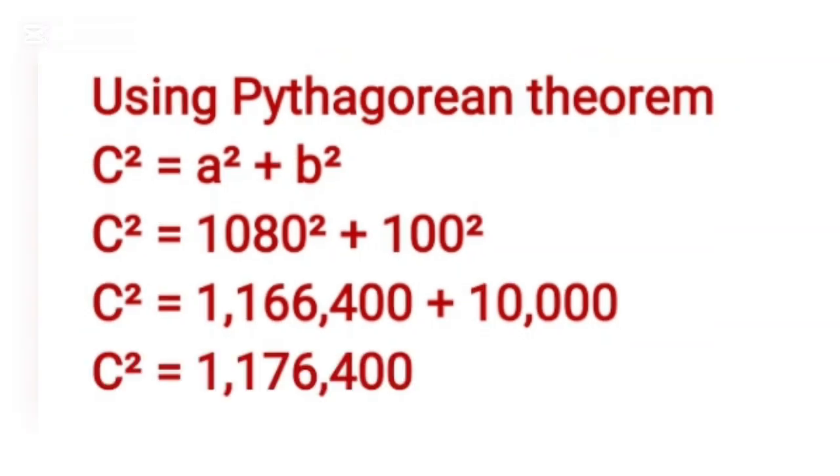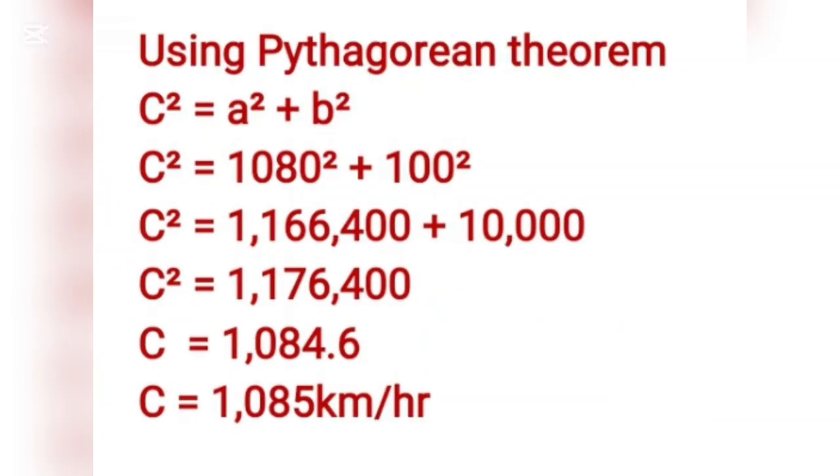Adding these together, we have 1,176,400. Then we are going to find the square root. If we find the square root, we are going to get 1,084.6, which is approximately 1,085. So our final answer is 1,085 kilometers per hour.